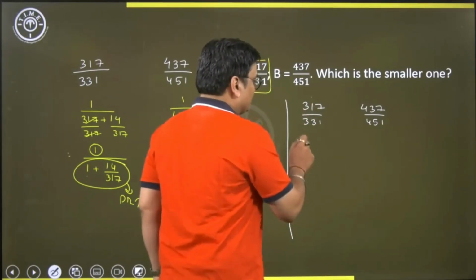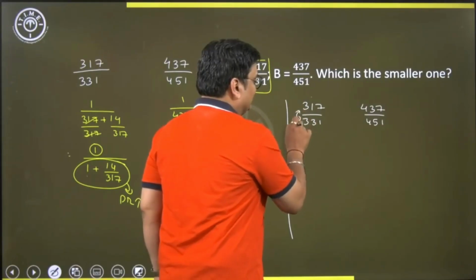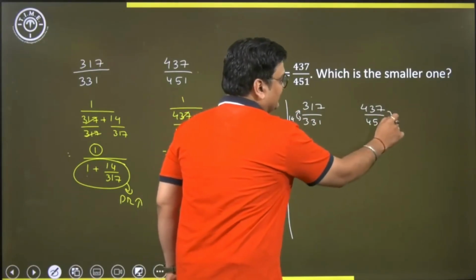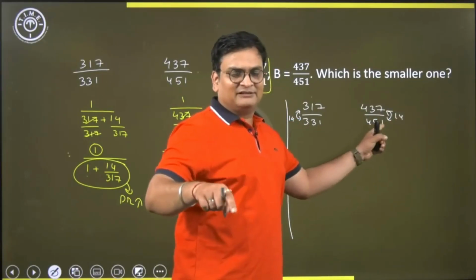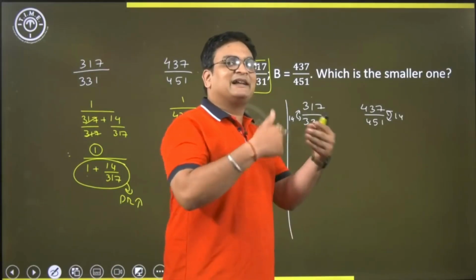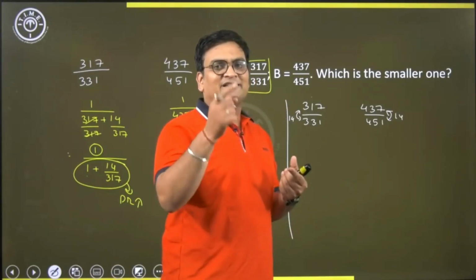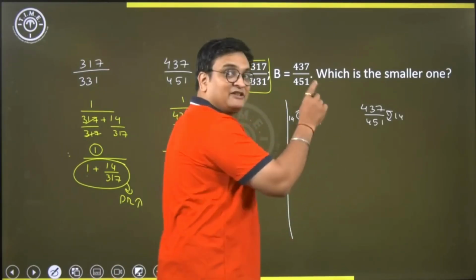Observe, here what is the difference between numerator and denominator? It is 14. What about here? It is 14. And both are proper fractions, less than 1. Hence we can say directly, wherever the numerator is smaller, that fraction will also be smaller.